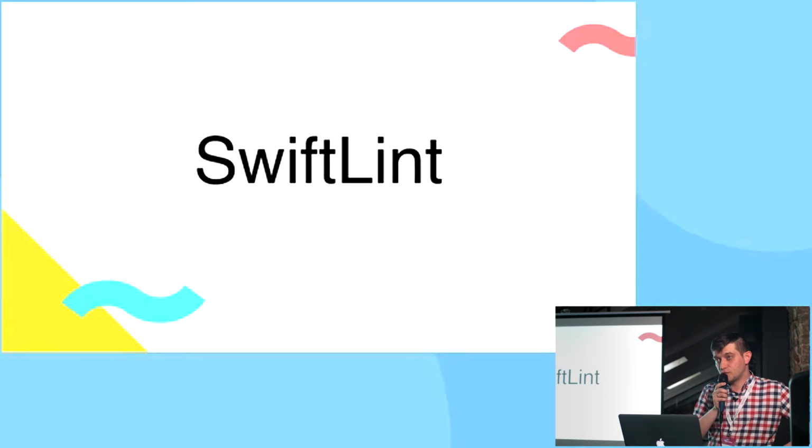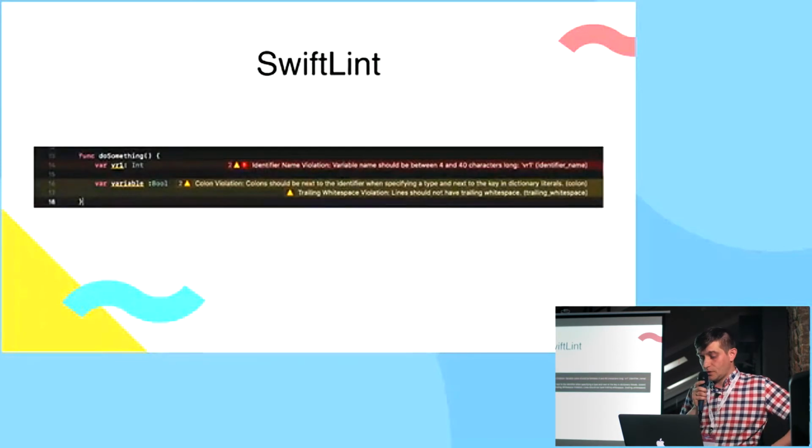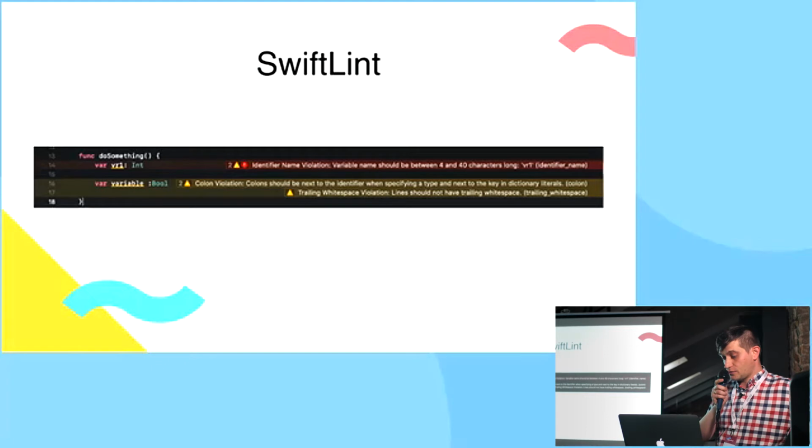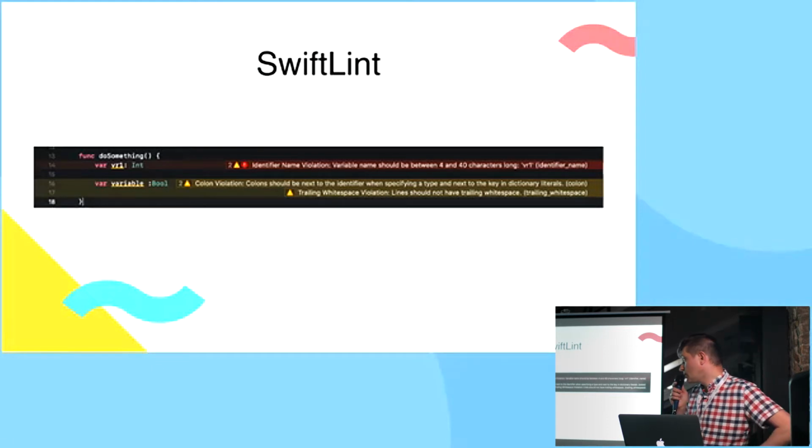Another very useful tool is SwiftLint. We use it to keep Swift style and conventions. In brief, it shows you warnings if you put a comma in the wrong place, or if your method is too long, or if you use something in the wrong way. If your variable name is too short, you can define your own limits, your own warnings.